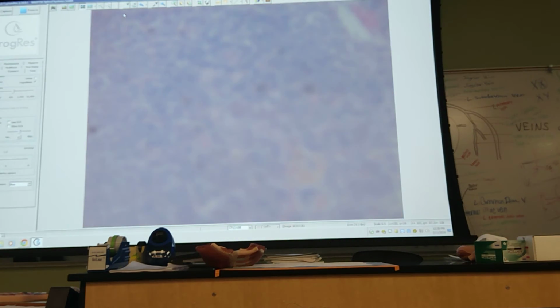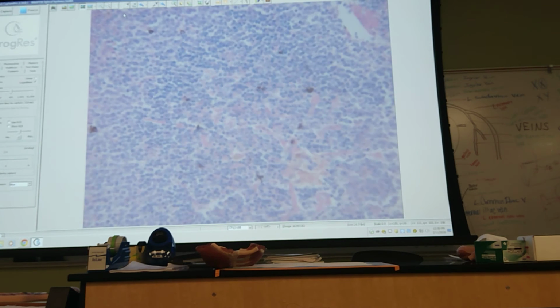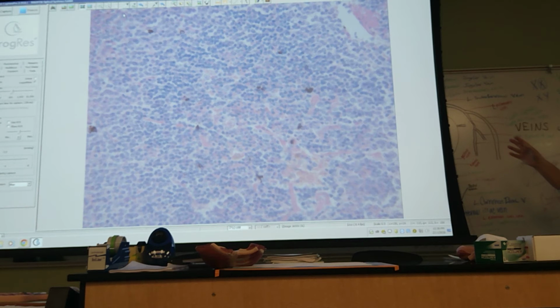And they're stained blue because they really consist of a gazillion lymphocytes, a type of white blood cell. All those blue dots are the nuclei of lymphocytes. See them all. This is just one. There's a gazillion. Okay? So many of your lymphocytes are just hanging out in your spleen.